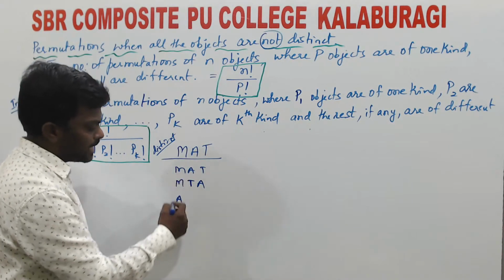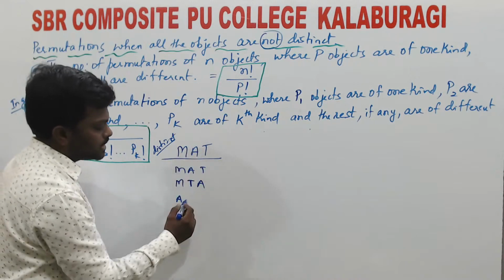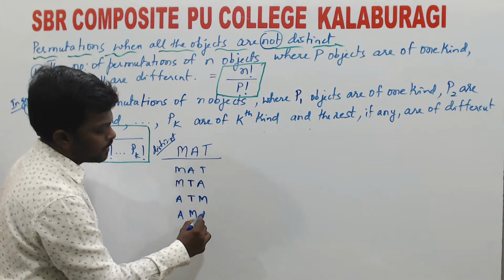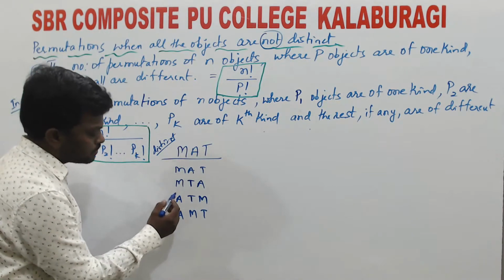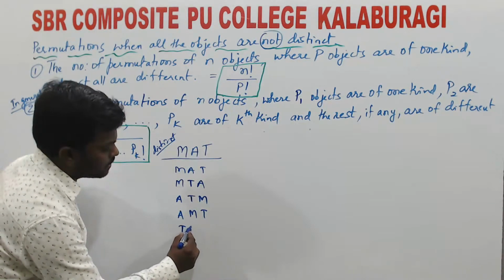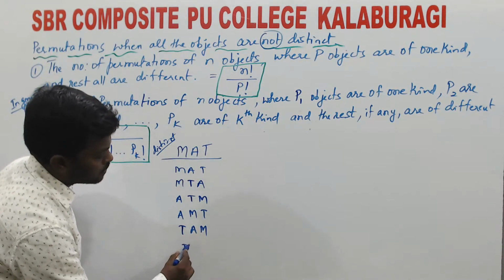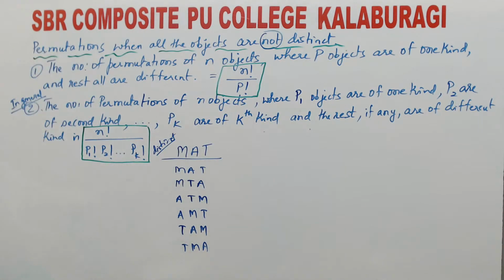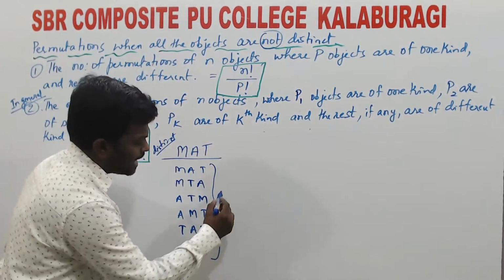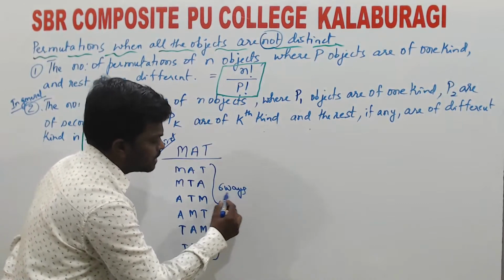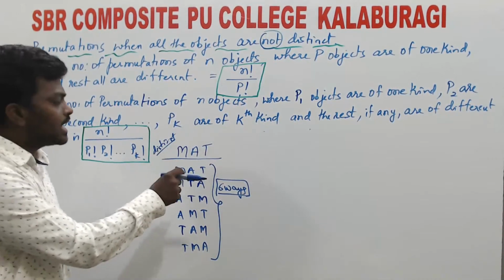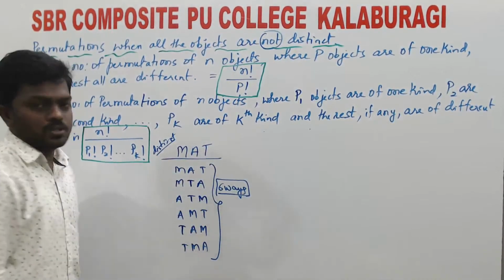Next, let me take a as first and arrange m and t: amt, atm. Then t first: tam, tma. These are the possible arrangements. In how many ways can we arrange them? Six ways. So we can rearrange the word mat in 6 possible ways.